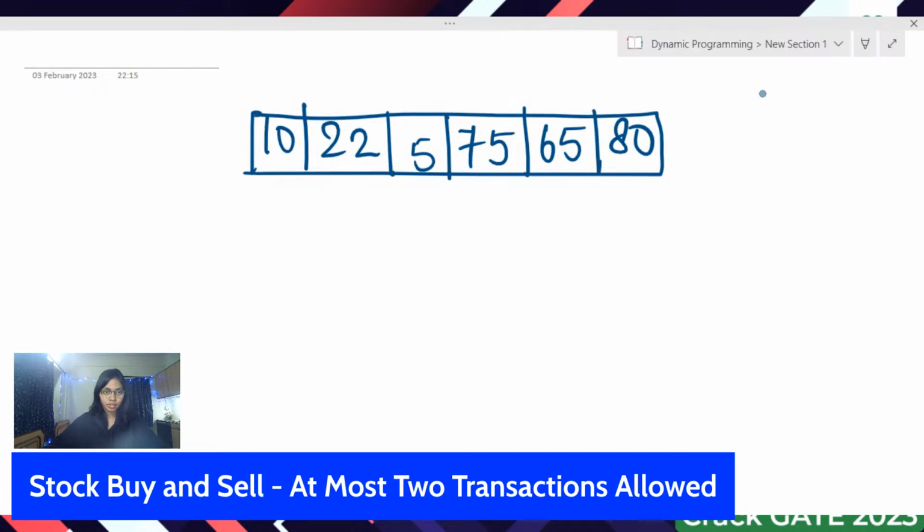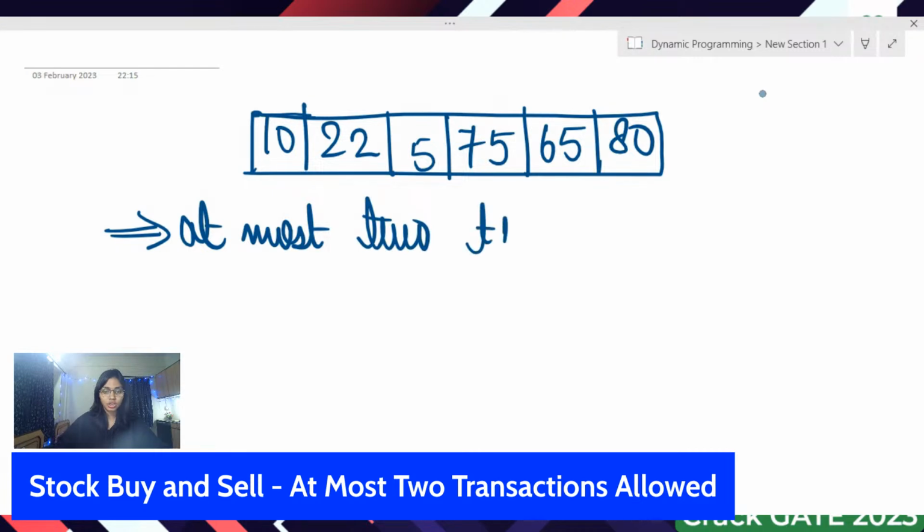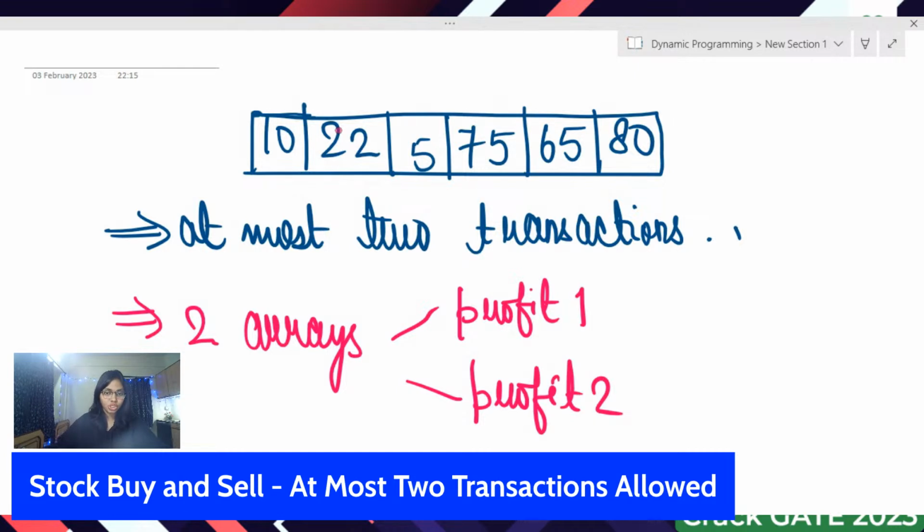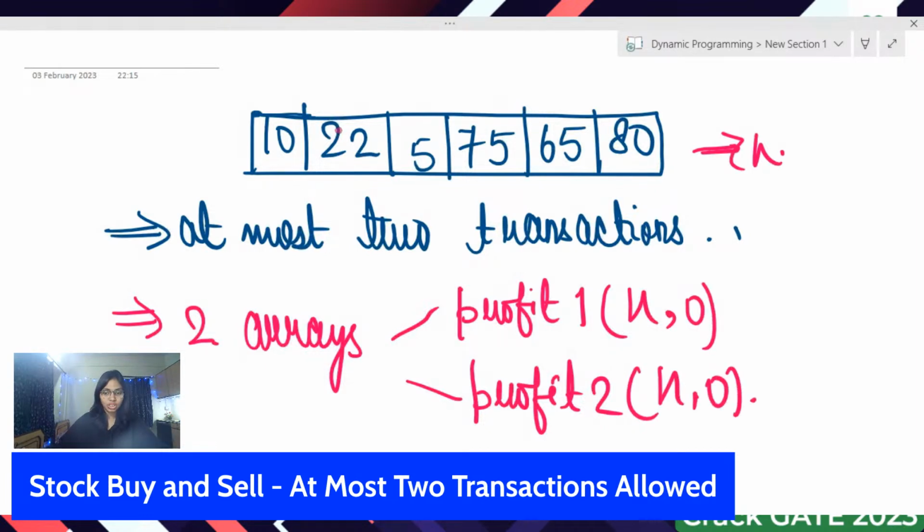As we have to make at most 2 transactions, we will take help of 2 auxiliary arrays, one named profit 1 and the other named profit 2. These 2 arrays will be of size n, the size of this array, and initialized with the value 0.